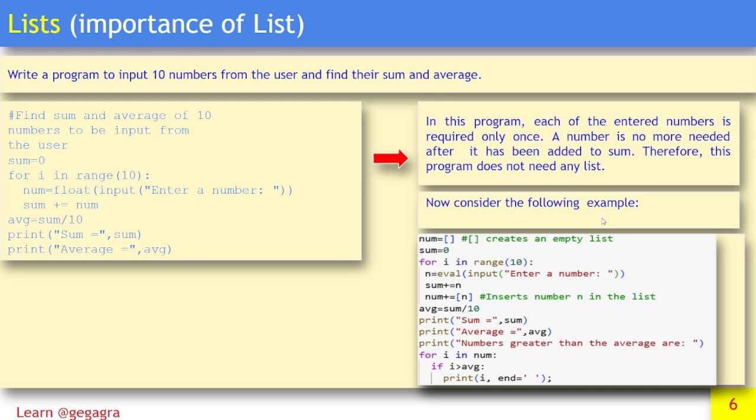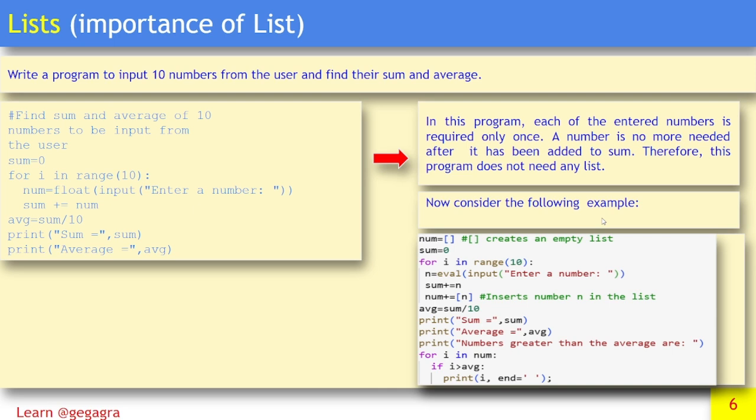So it is managing the list. During this loop, the number will be entered and the sum will be calculated, and every element will be stored in the num list one by one. And after the loop, average is equal to sum upon 10, meaning whatever sum is calculated during this loop will be divided by 10, so we get the average.